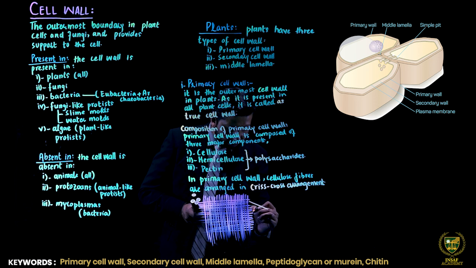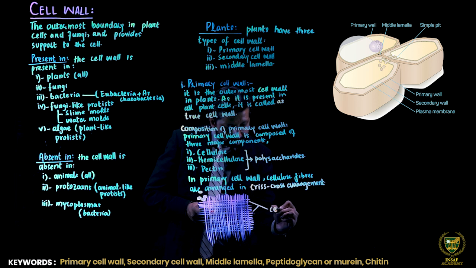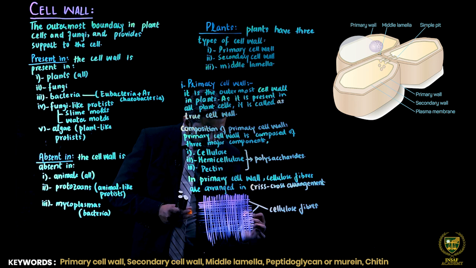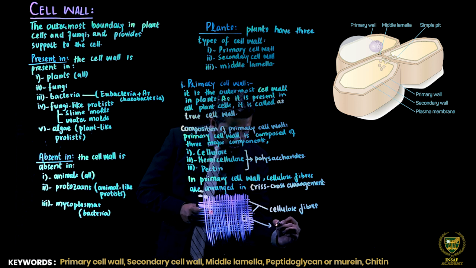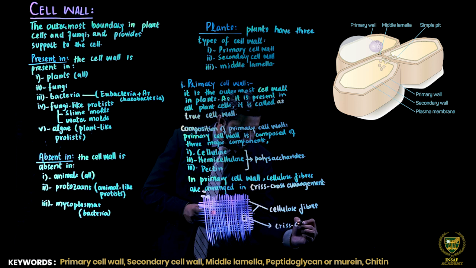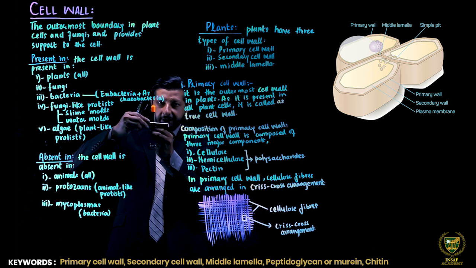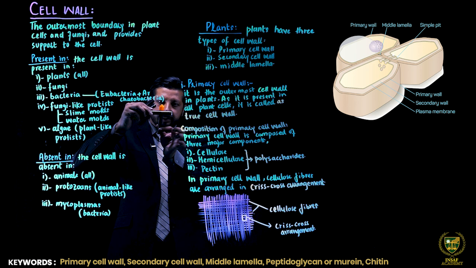So all these are the cellulose fibers here, and this arrangement is criss-cross arrangement. Clear? इस तरह से बिल्कुल एक दूसरे के perpendicular ये fibers इस तरह से मौजूद होते हैं.